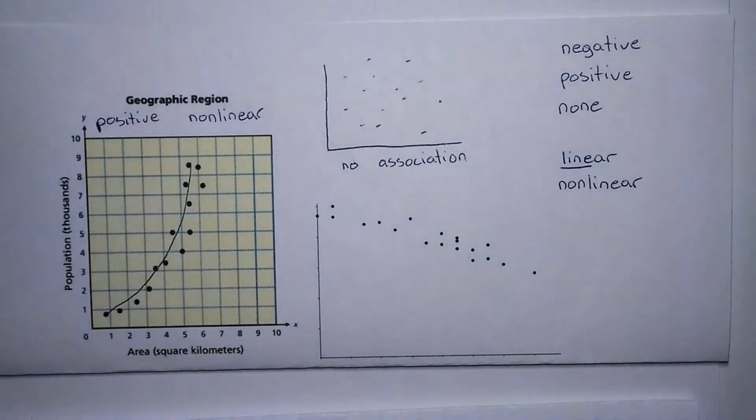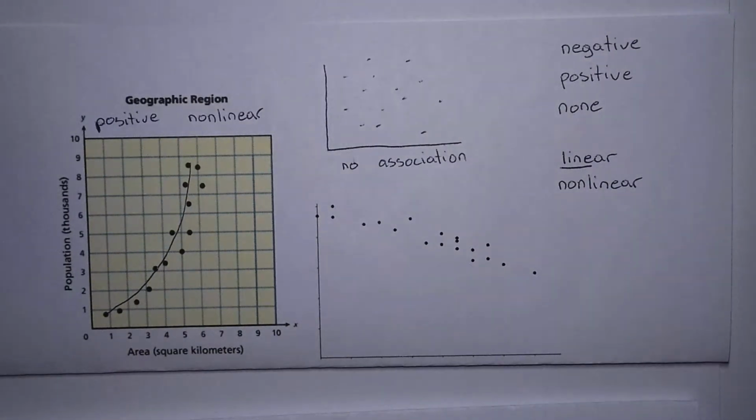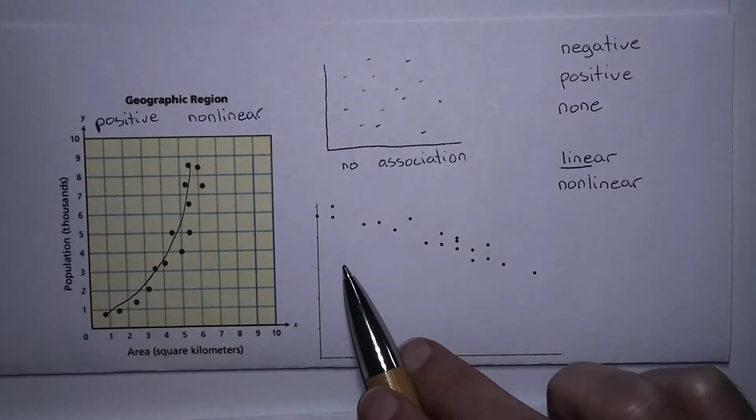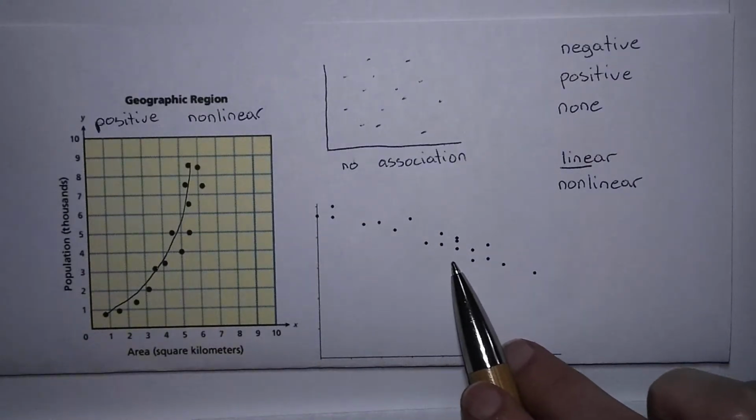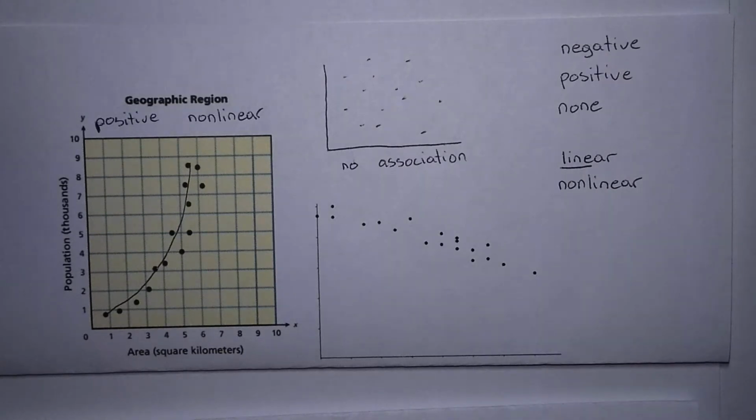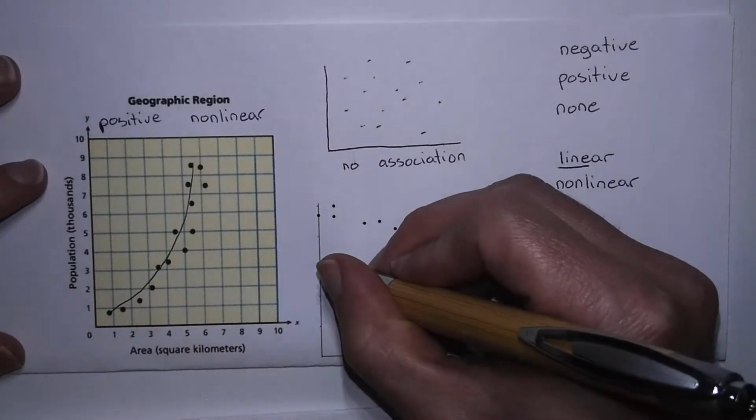Okay. So now let's apply this to our next graph here by first finding out if it is positive or negative. As I read from left to right, I'm following the dots, and it is going down. So this is negative.